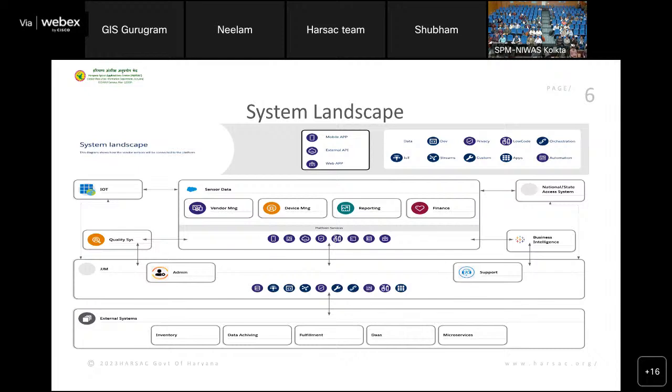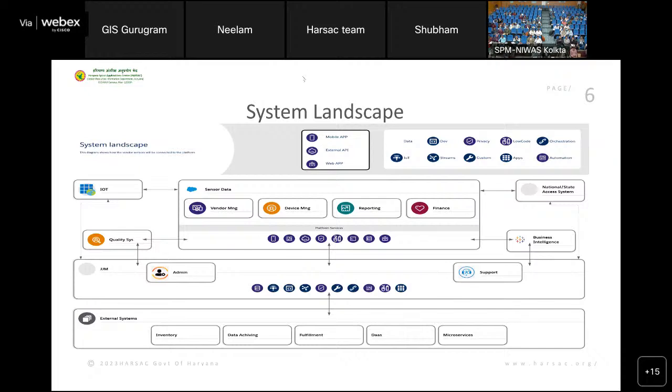Most of the challenges discussed in this presentation with respect to operation, maintenance, and management of devices would be handled by the vendor. For us, the key is only data. We would pay the vendor based on the quality and quantity of the data received.